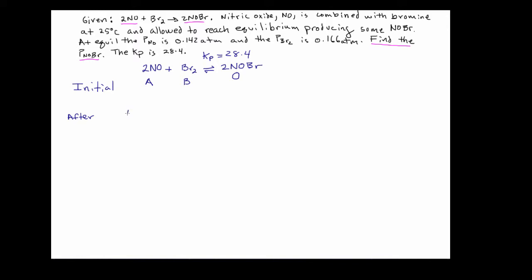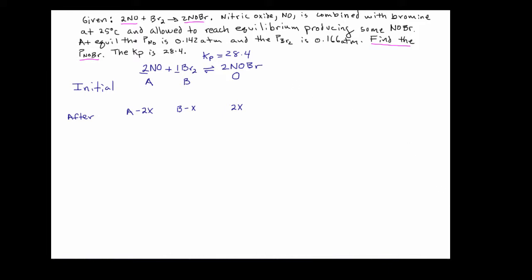So in order to reach equilibrium, the initial concentration of NO would have had to decrease based on its stoichiometry. So it would have decreased by 2x, the 2 representing the coefficient of 2 in the balanced equation. The bromine, by the same token, would decrease by x, since the coefficient here is only 1. And the NOBr would have been formed at a rate of 2x.